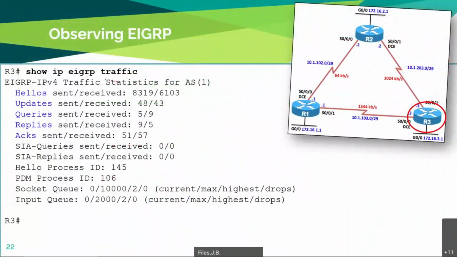If we look at the traffic counts, show IP EIGRP traffic, we can see the hellos, queries, updates, right? So hellos sent, hellos received should be relatively equal. That does look kind of off. So maybe the other side was down for a little while, right?